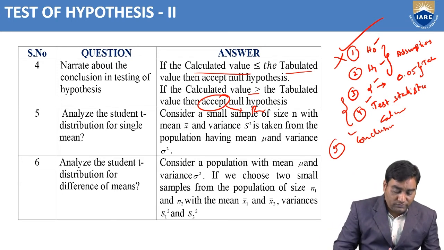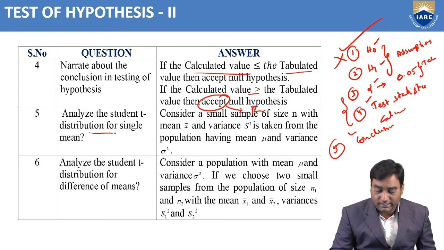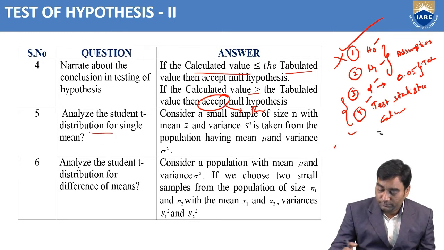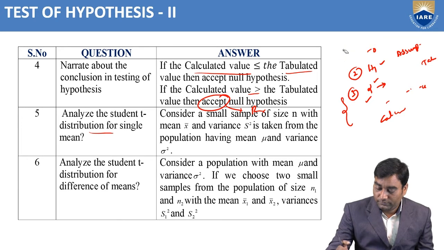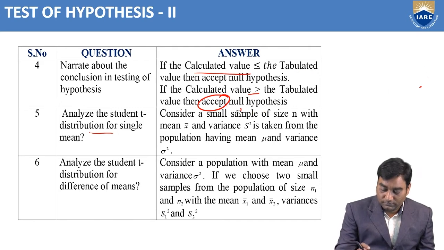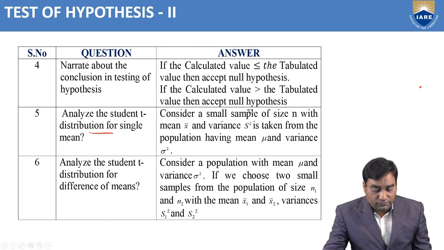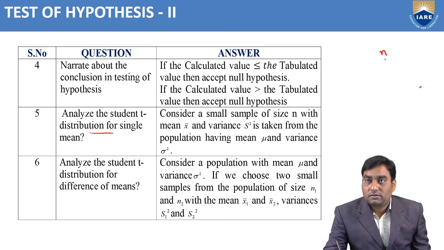Now coming to the 5th question, analyze the student's t distribution for single mean. See, consider a small sample of size n with mean x bar and variance s square.